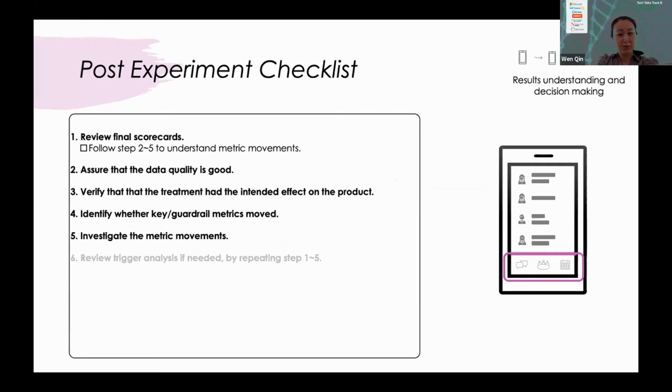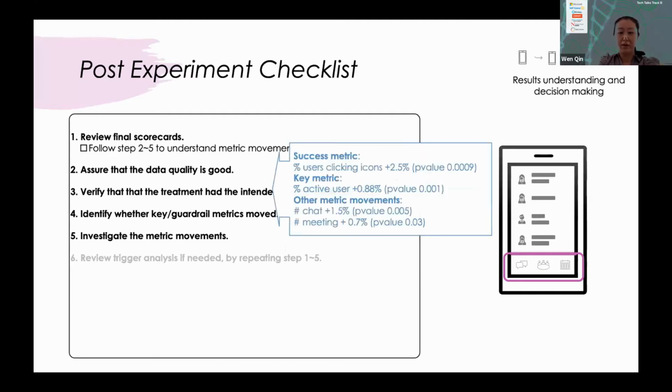The first several steps are quite similar to the during-experiment checklist. That is to make sure the data quality is good and to understand the movements of all your metrics. For your example, you see several metrics improving significantly, including your success metric, your key metrics, and other supporting metrics.